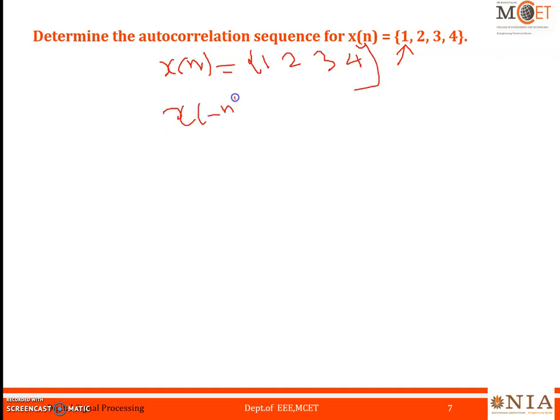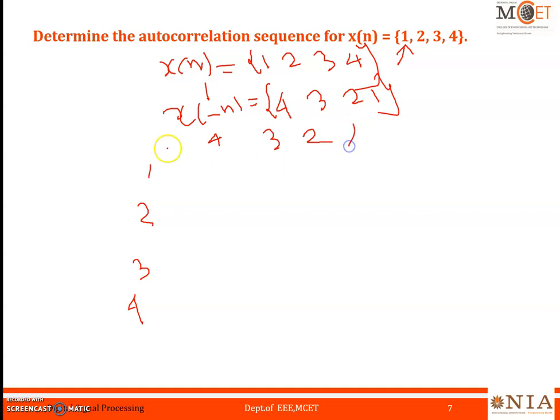You will have x of minus n equal to 4, 3, 2 and 1. Now perform the cross correlation between these two. X of n you arrange here, 1, 2, 3, 4, and here x of minus n, 4, 3, 2, 1.